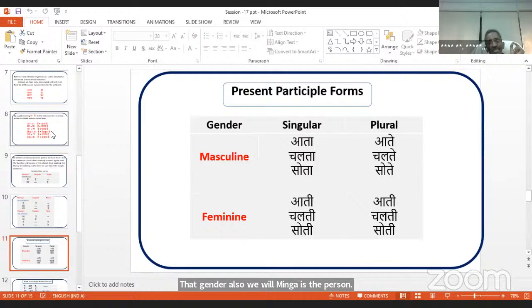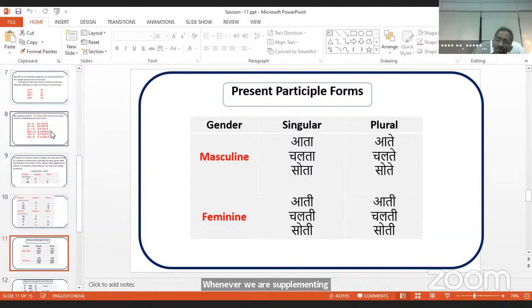One is singular and the other one is plural. Whenever we are adding ta to the verb root, the present participle form comes on.